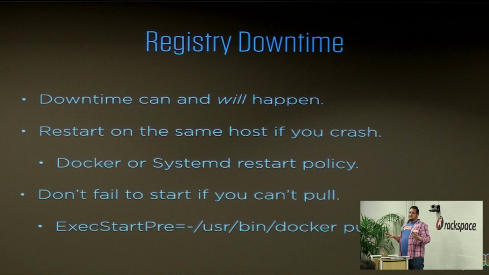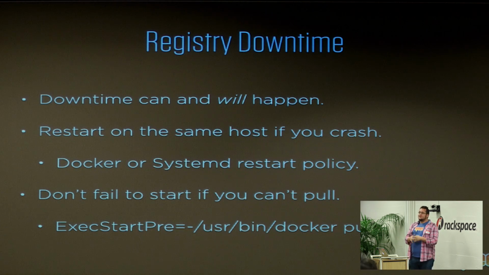Things get scheduled wherever they're going to get scheduled, so we rely on the Docker restart policy, where if a container goes down, you have the option of saying, hey, Docker, just restart this when it fails. The nice thing is that if you've already pulled the image, it will be there and it will restart.